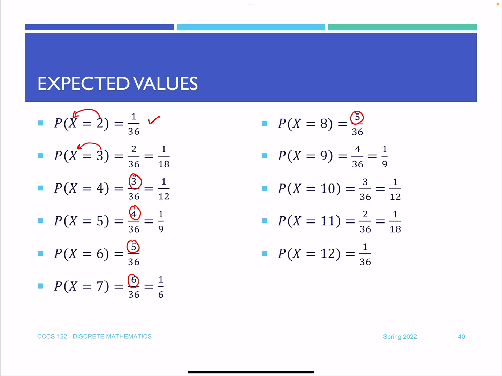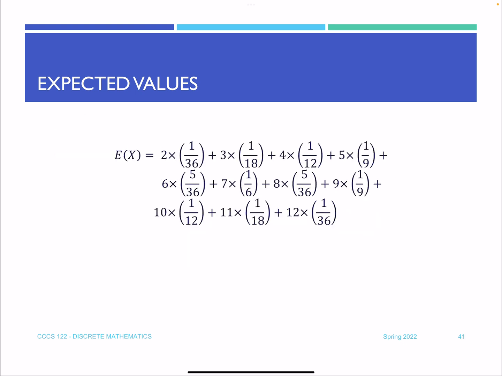But then again, only 5 different ways to get 8, 4 different ways to get 9, 3 different ways to get 10, 2 different ways to get 11, and only 1 way to get 12. Based on that, you can come up with the different probabilities for each outcome between 2, 3, 4, 5, 6, 7, 8, 9, 10, 11, and 12.